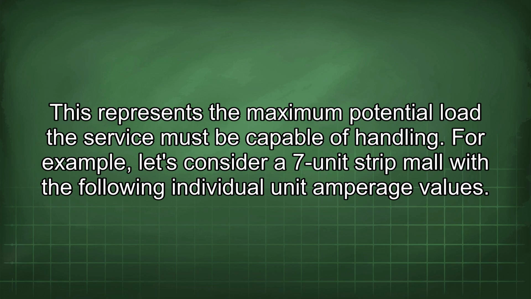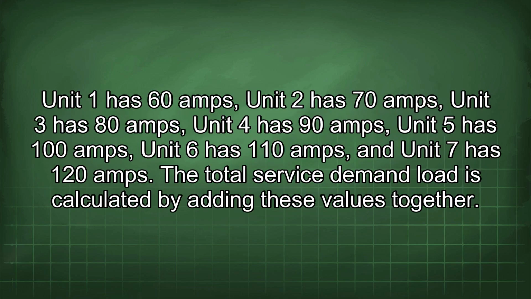For example, let's consider a 7-unit strip mall with the following individual unit amperage values. Unit 1 has 60 amps, Unit 2 has 70 amps, Unit 3 has 80 amps, Unit 4 has 90 amps, Unit 5 has 100 amps, Unit 6 has 110 amps, and Unit 7 has 120 amps.